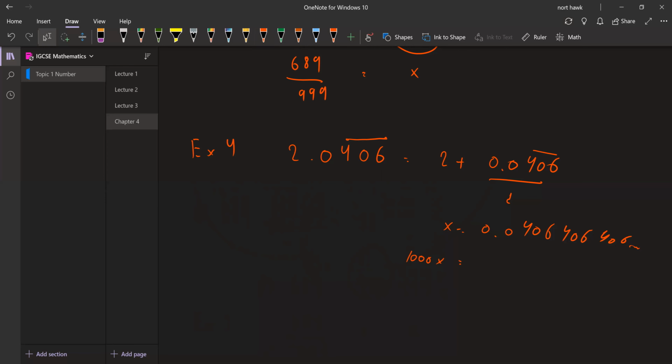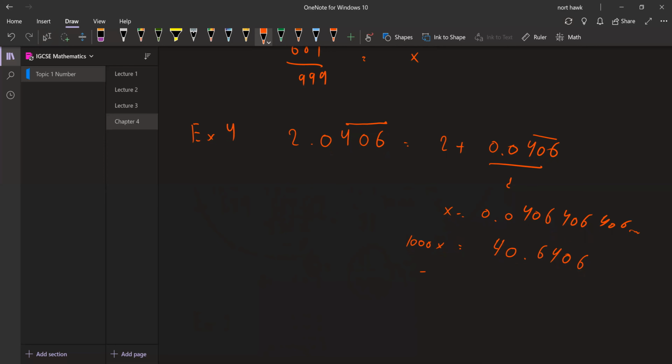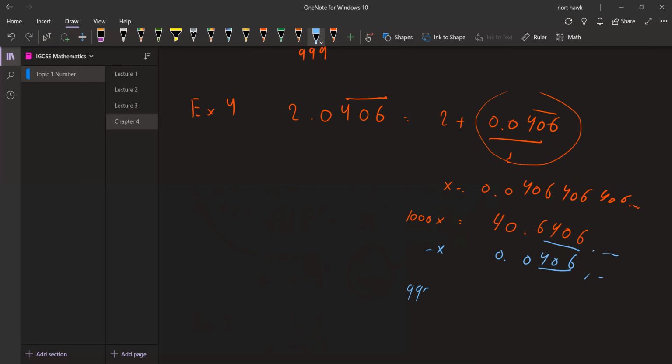1000x is equal to 40.6406 repeating, and I could use the same logic, subtract both sides by x, so the repeating part is perfectly taken away, and it becomes 999x equal to 40.6.